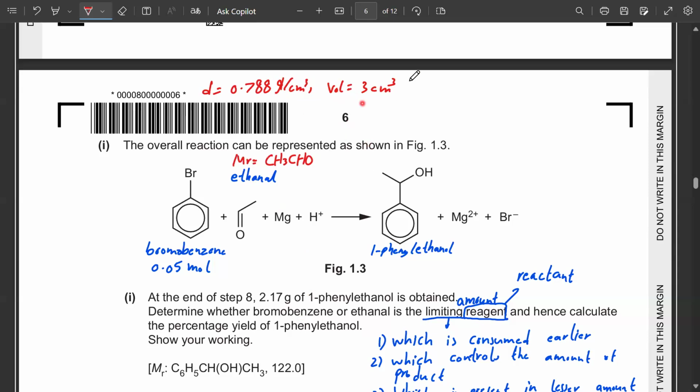So density is mass over volume, and we need to find the mass. Mass is equal to density times volume.